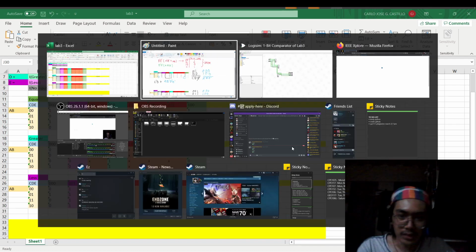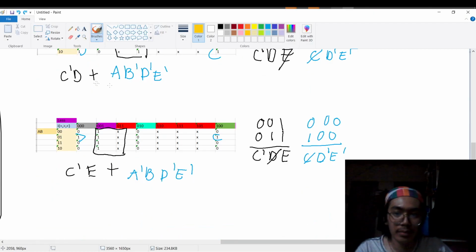Now look at the K-map right here. Again, we group the X that do not care in order to further simplify our equation. As you can see, for the black group, A and B changed.